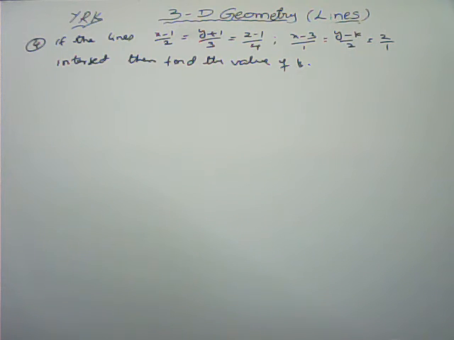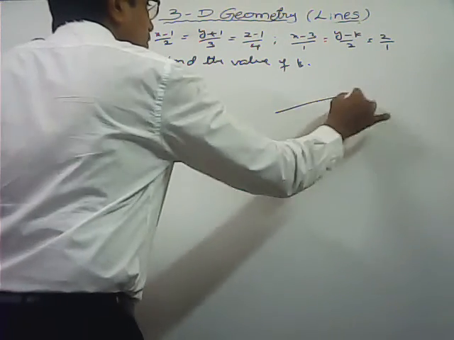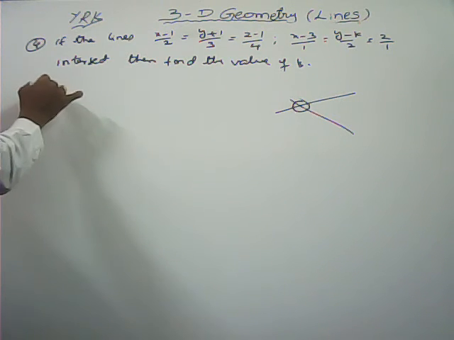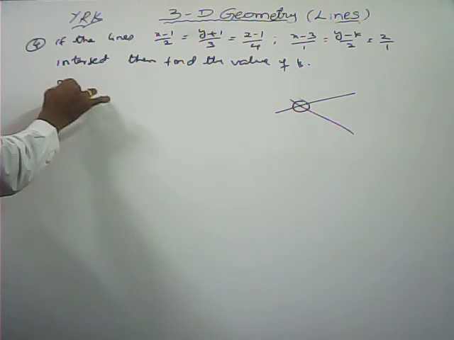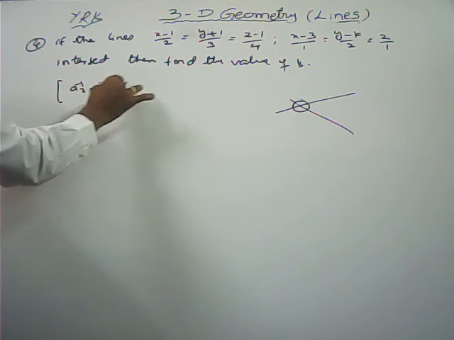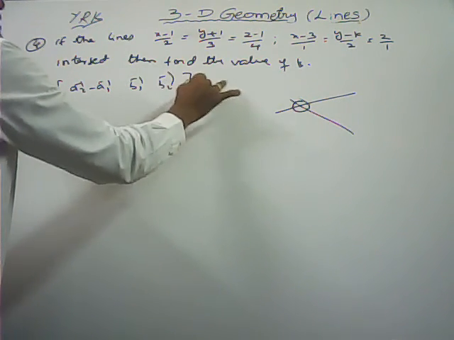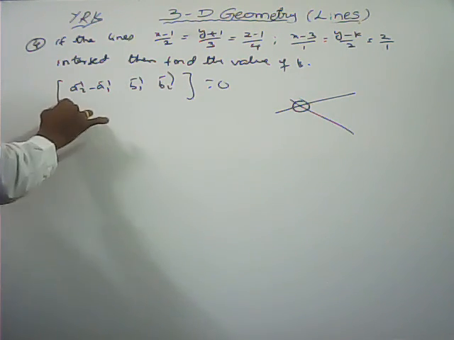Already we have found the distance between two skew lines and the distance between two parallel lines. And if these two lines intersect, whenever two lines are intersecting, what is the distance between the two lines? That is 0. So the box of a2 bar minus a1 bar, b1 bar, b2 bar should be equal to 0. Box is nothing but the determinant.